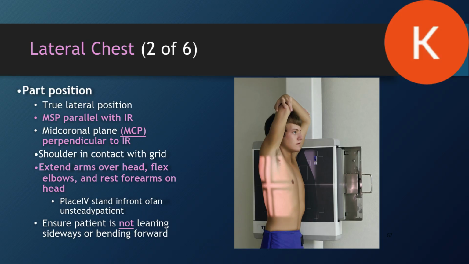In our classroom, we have holders attached to the wall bucky. You can either use that, or if your clinical site doesn't have that, you can always use an IV stand. Ensure the patient is not leaning sideways or bending forward. This will help avoid rotation.